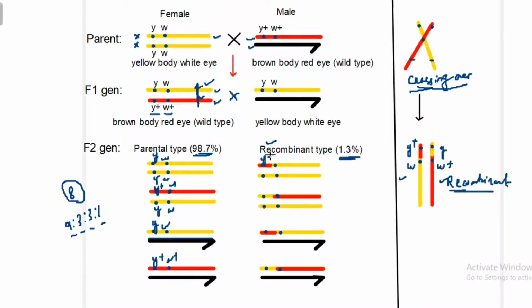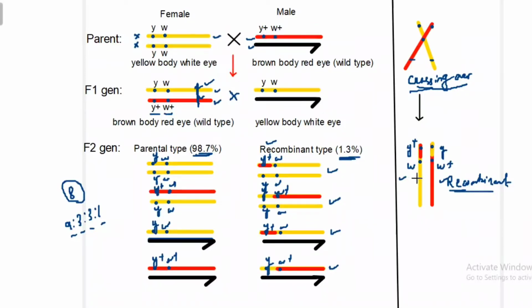It is Y plus W and YW, again YW plus and YW, here Y plus W, here YW plus. So all the 4 chromosomes are recombinant here. Parental combination is little shuffled here, okay.